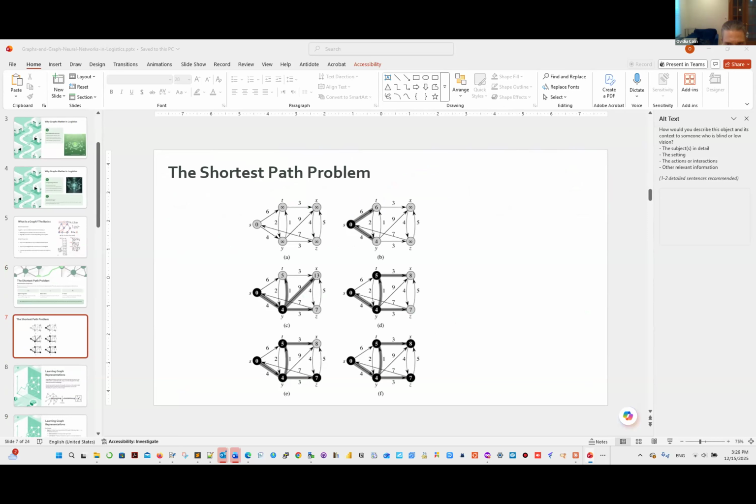And even if it's easy to calculate, when we go to the larger scale, this becomes very complicated and has to be dealt with in some ways.